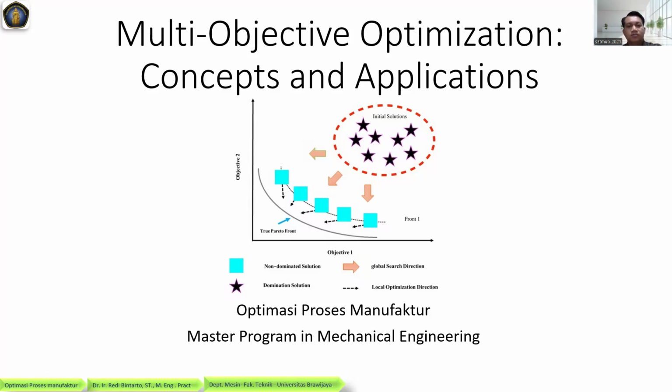Today we are going to the classroom for manufacturing process optimization, and for the chapter on multi-objective optimization concept and application.